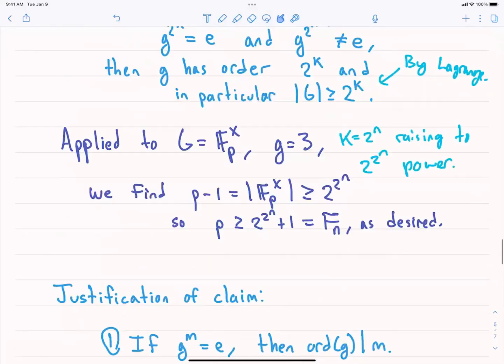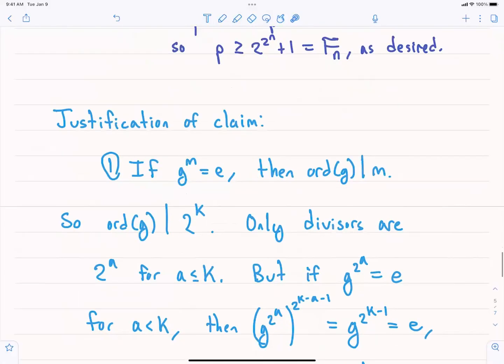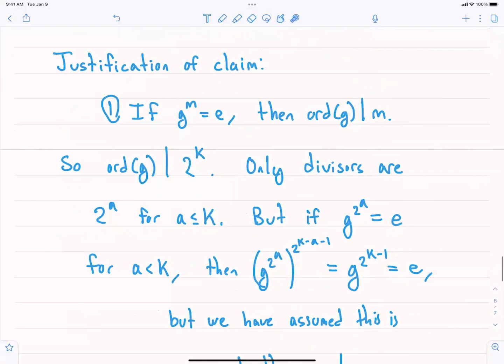So let me just recall one statement that we've used before, like when we were talking about Lagrange's theorem, but it's worth repeating. If you have some element in a group, and you raise it to some power m and you get the identity element, then that means the order of that element divides that number m.